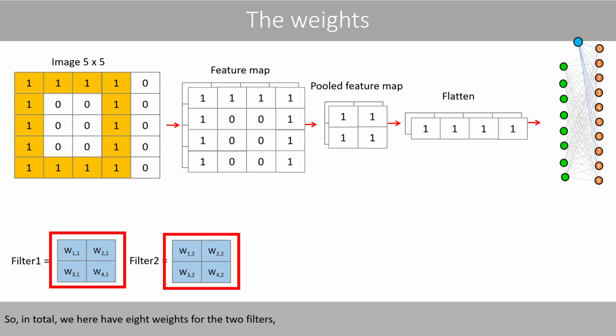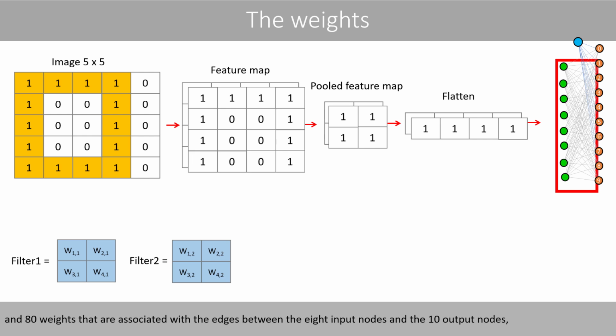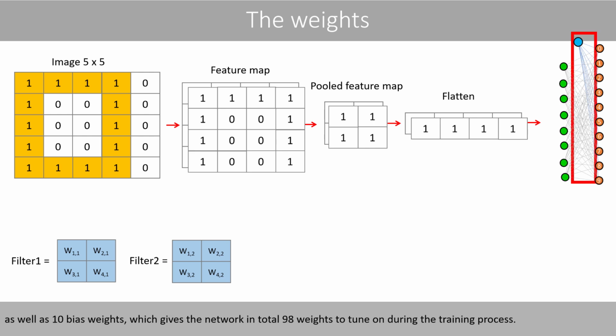So, in total, we here have 8 weights for the 2 filters, and 80 weights that are associated with the edges between the 8 input nodes and the 10 output nodes, as well as 10 bias weights, which gives the network in total 98 weights to tune on during the training process.